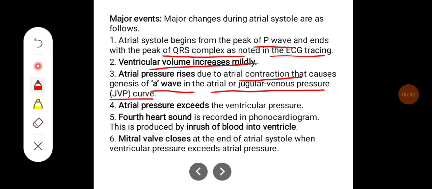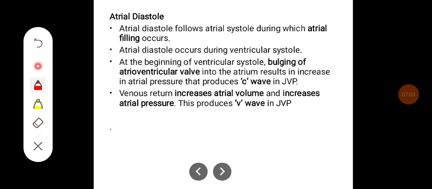The atrial pressure exceeds the ventricular pressure. The fourth heart sound is recorded in the phonocardiogram at this phase. This is produced by inrush of the blood into the ventricles. The mitral valve closes at the end of the atrial systole, when the ventricular pressure exceeds the atrial pressure.